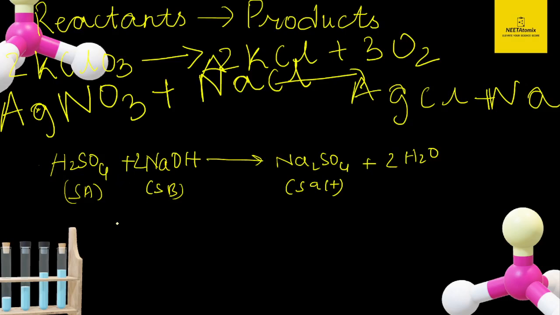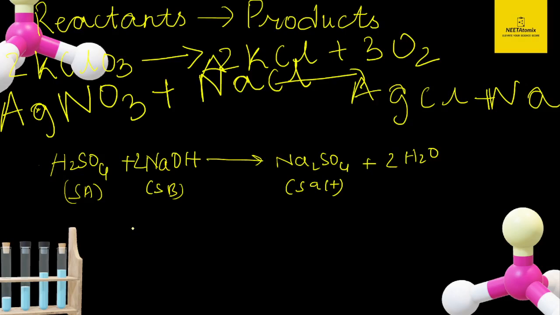Next, all redox reactions and combustion reactions are irreversible reactions. So what is the meaning of redox reaction? The reactions in which both oxidation and reduction take place simultaneously, meaning one substance is getting oxidized and the other substance is getting reduced.